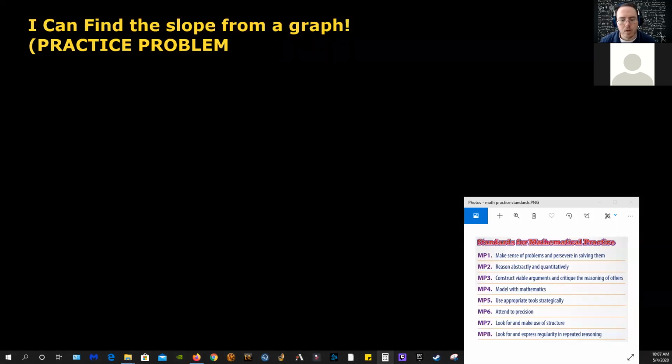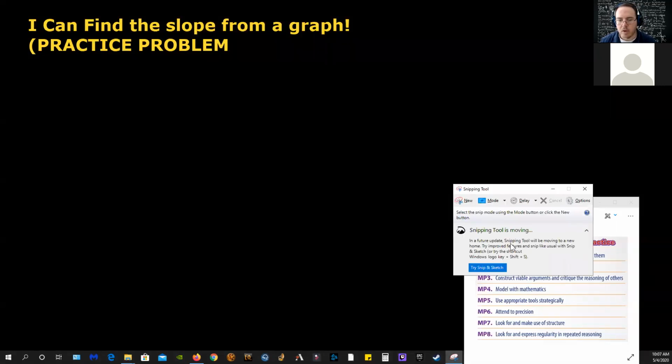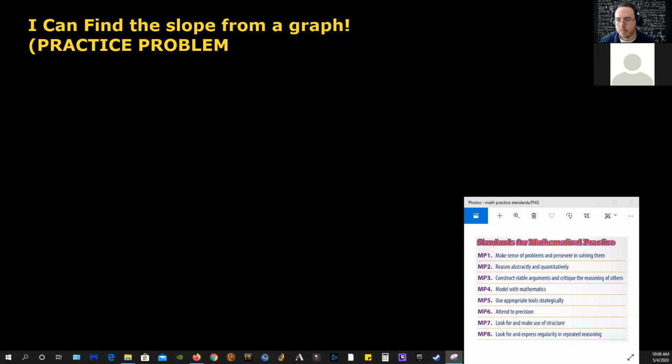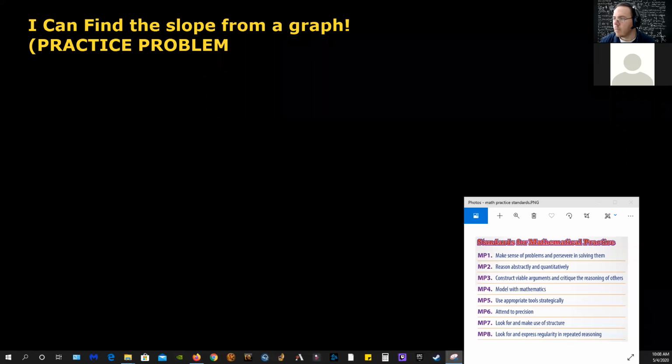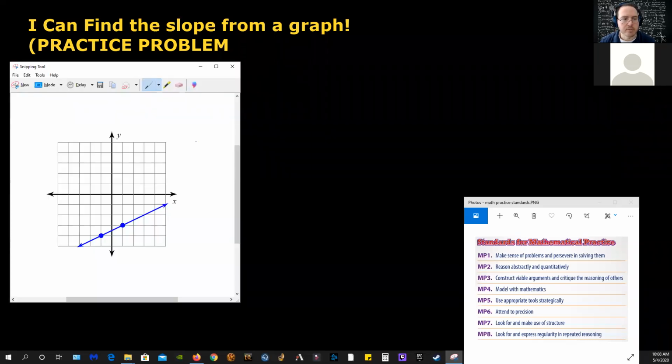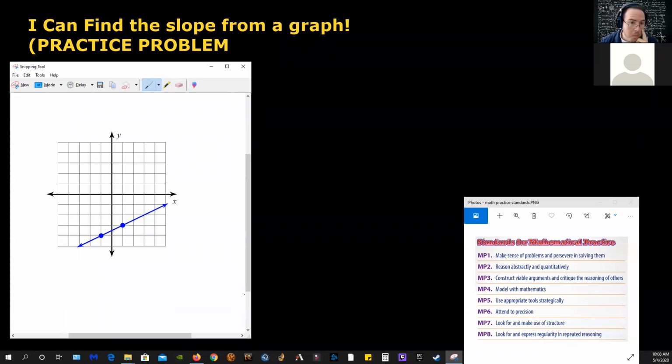Okay. So let's get us a graph to look at. Okay, chat, check it out. Here's a graph. And my question is, what is the slope? Your right-hand statement is to tell me what the slope is. So what you need to do is count.